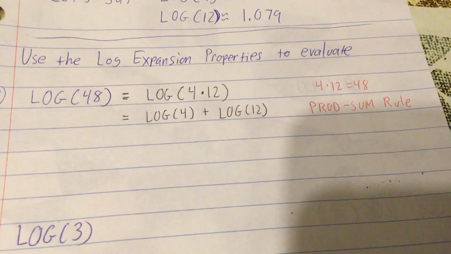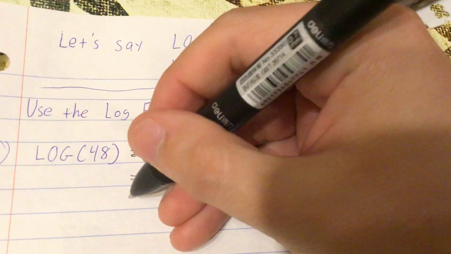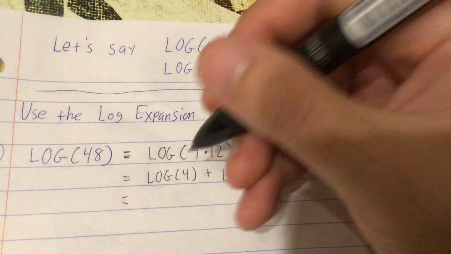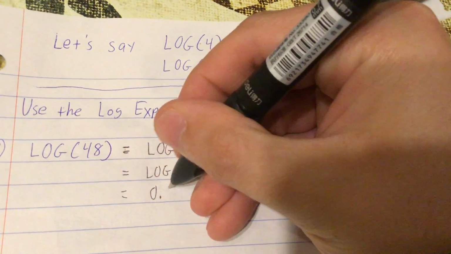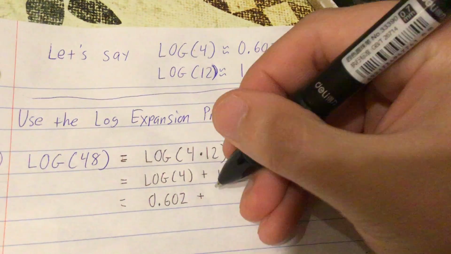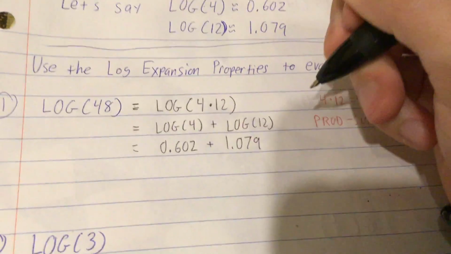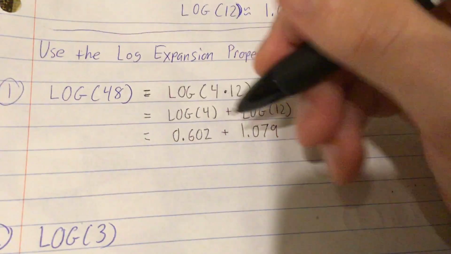Okay, well, do I know log of 4? Yes, above I do. So log of 4 is 0.602, and log of 12 is 1.079.